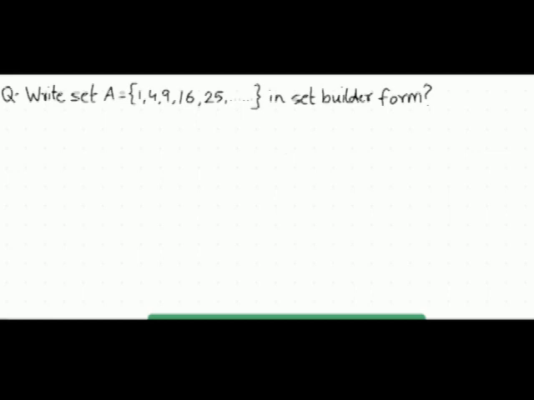Okay, so these numbers are written like 1 square, 2 square, 3 square, 4 square, 5 square, and so on, right? So now we can observe from here that 1, 2, 3, 4, 5, and then so on.